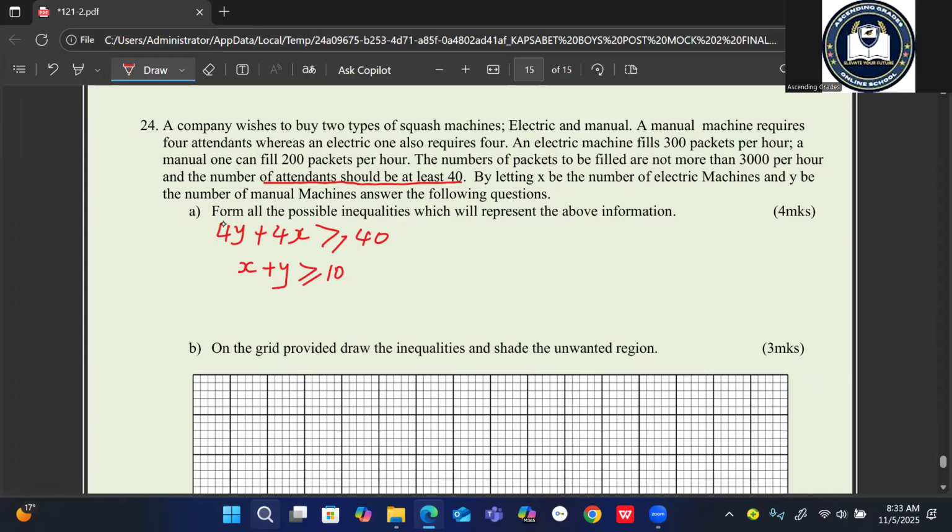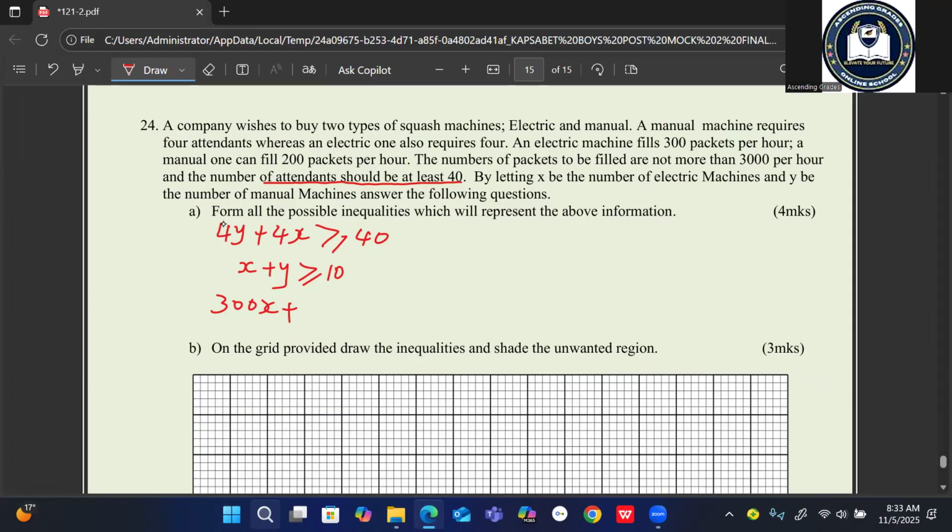So the next one, an electric machine fills 300 packets per hour. So if one electric machine fills 300 packets per hour, it means that X electric machines will fill 300X.